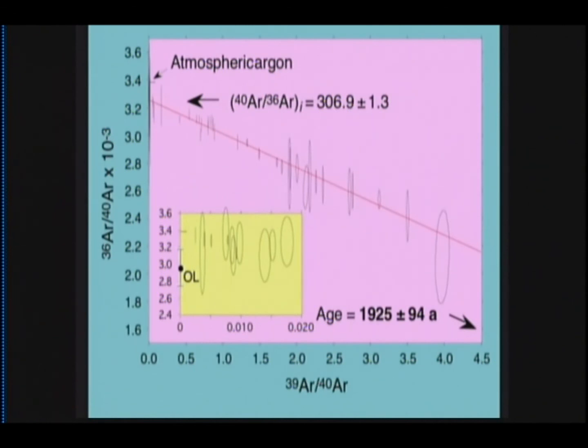So this is actually step heating data from sanidine from Vesuvius, from the eruption that destroyed Pompeii. And you can see that the data form a well-defined line whose intercept over here corresponds to an age of 1,925 years, plus or minus 94 years.